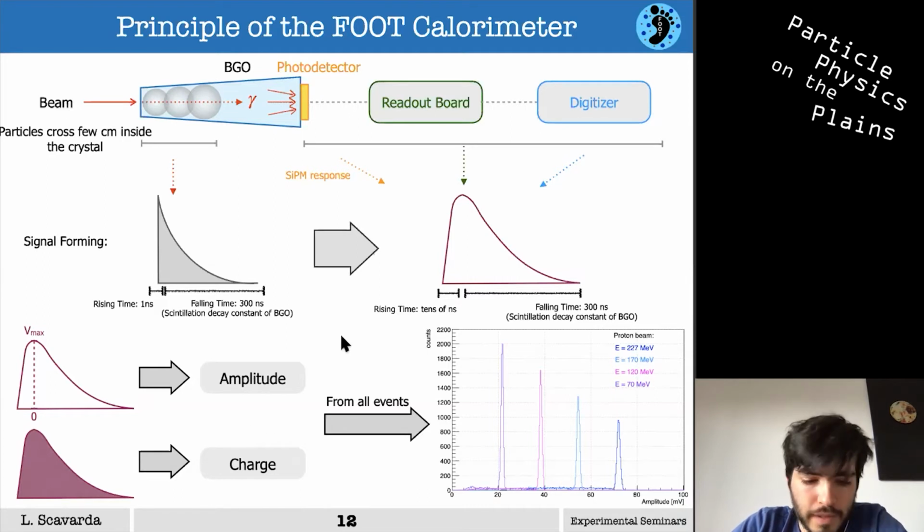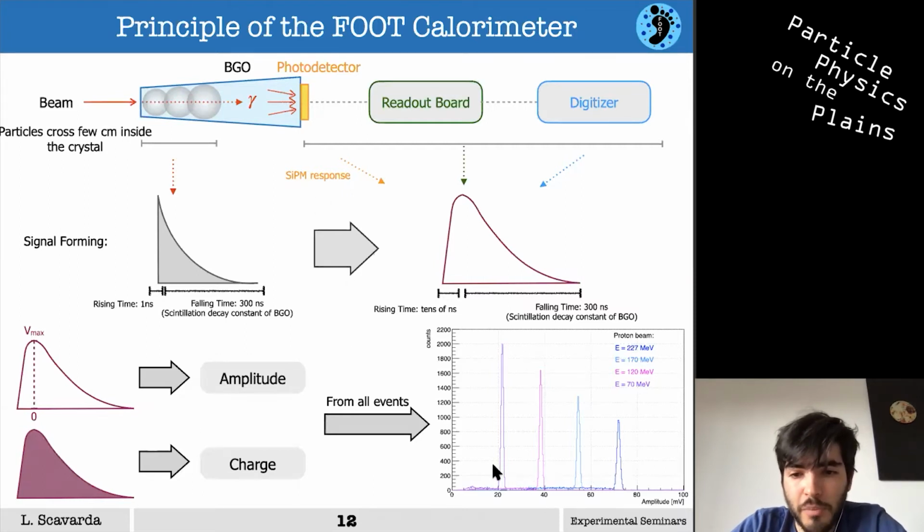So what we've done in each test beam, in order to make all the design choices, was, as I said, to calculate the kinetic energy resolution and the linear response of the calorimeter. So what we've done was shoot, for example, beams with known energy inside BGO crystals, and calculate the amplitude or charge distributions for the specific energy, as you can see here, for all the events that we've acquired.